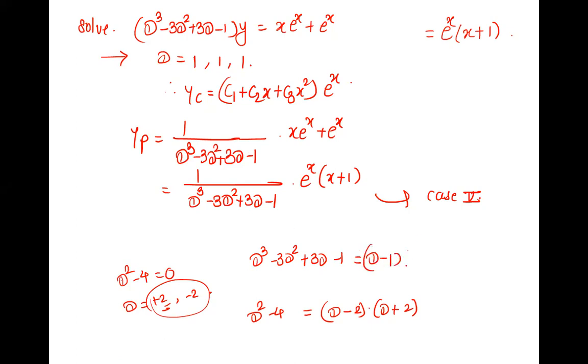The second root is also 1, so d minus 1 into d minus 1, that is, d minus 1 cube. These two are same. So here you can use d minus 1 cube also if you want.